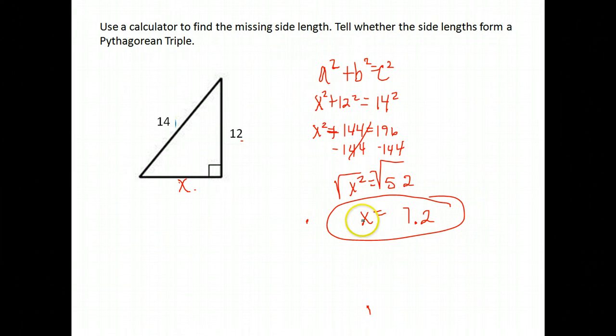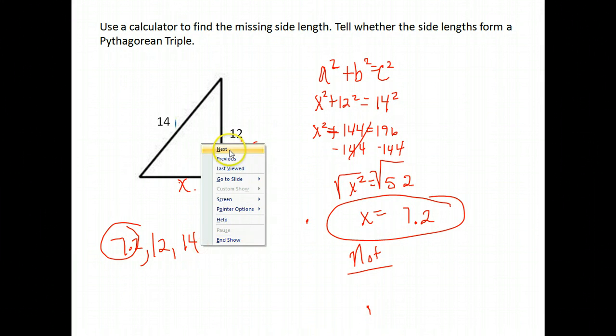The other thing I'm supposed to answer is, would 7.2, 12, and 14 be a Pythagorean triple? No, not a Pythagorean triple because they have to be whole numbers, and this 7.2 is not a whole number. They do form a right triangle, but they're not a Pythagorean triple because they were not whole numbers.